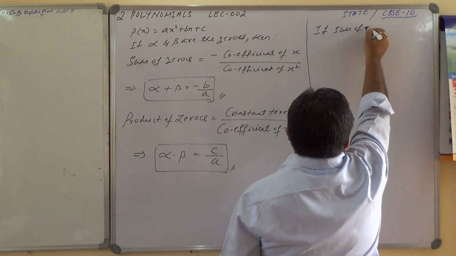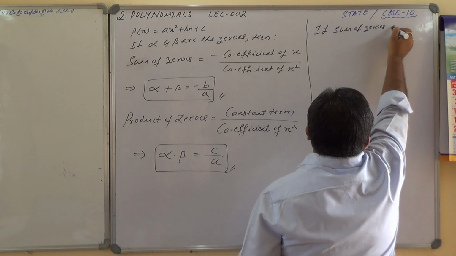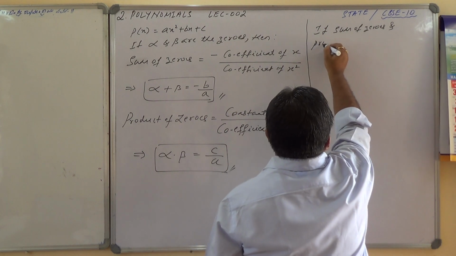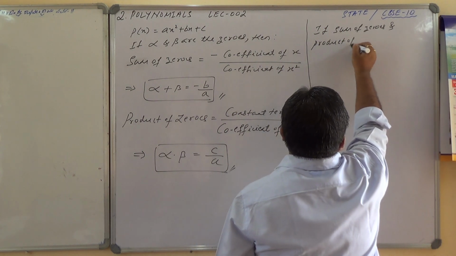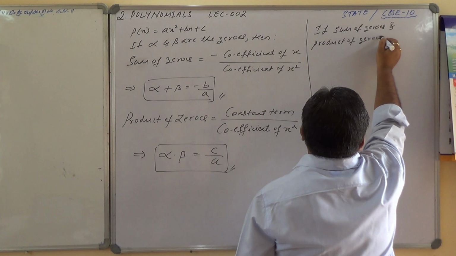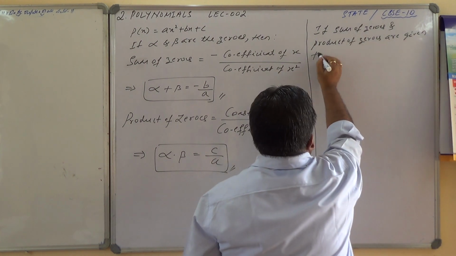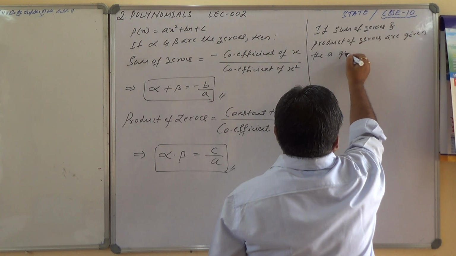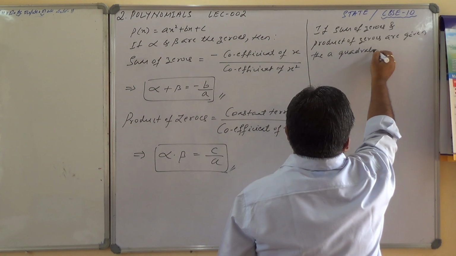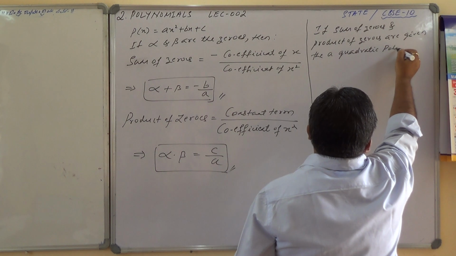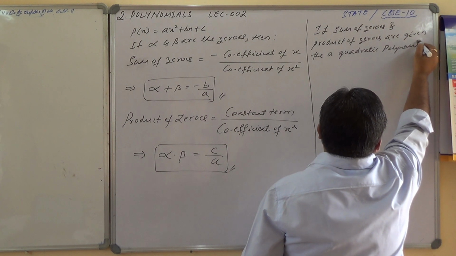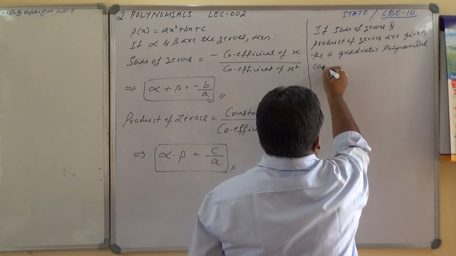So if sum of zeros and product of zeros are given, then a quadratic polynomial can be formed as below.